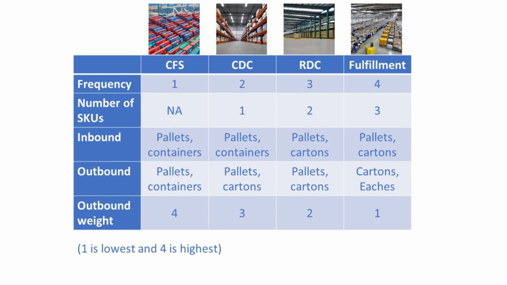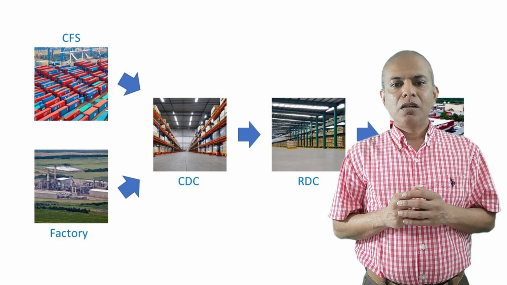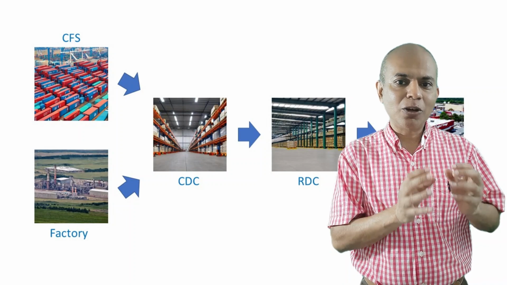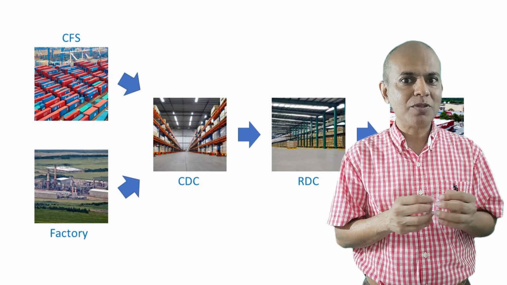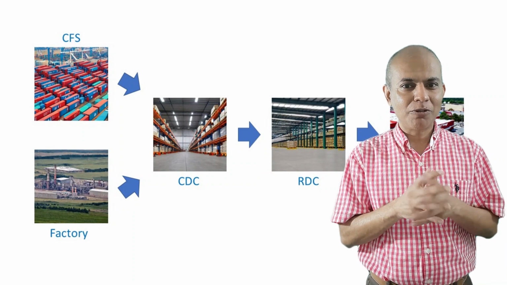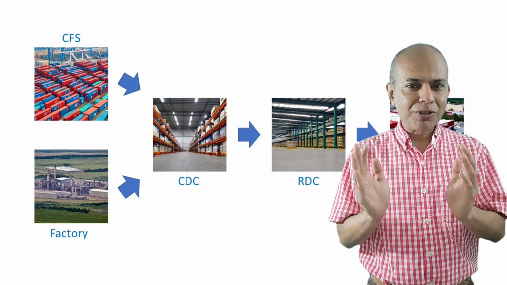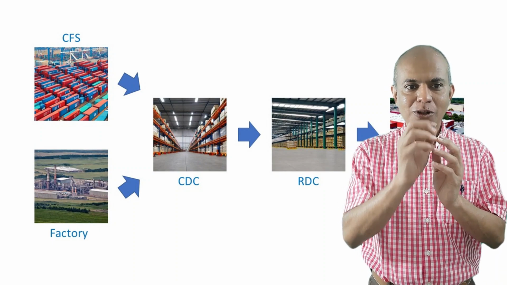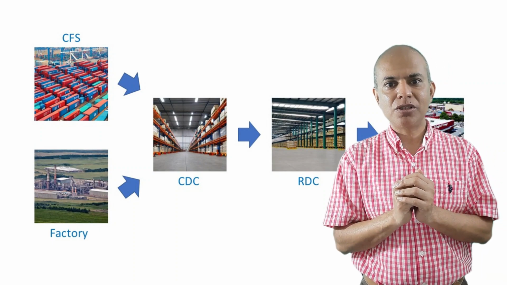And all this should tell you that the design of warehouses will be very different according to the purpose for which we have decided to use the specific warehouse. So when we decide to use a warehouse close to the manufacturing facility or close to the port, we would understand what a CFS load profile is typically, and design what we call a CFS. Something which is closer to the manufacturing facility is called a CDC, or a central distribution center.